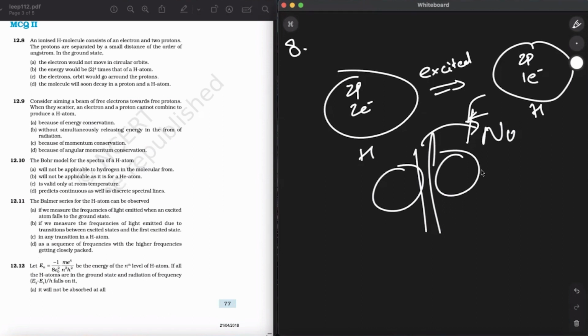So the nuclear forces will cause the same thing that it was doing earlier. It will make the electron's orbit go around the protons due to the electrostatic force. Option D, the molecule will soon decay into a proton and the H atom. No, this is not correct. Nuclear forces will be present and the molecule will not decay. So the correct options in this case were A and C.